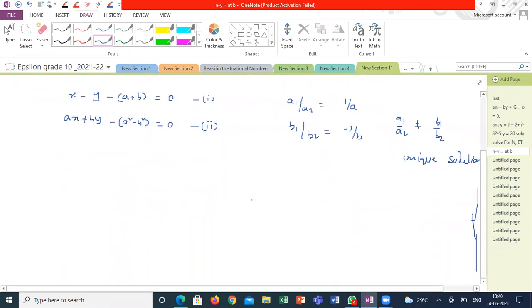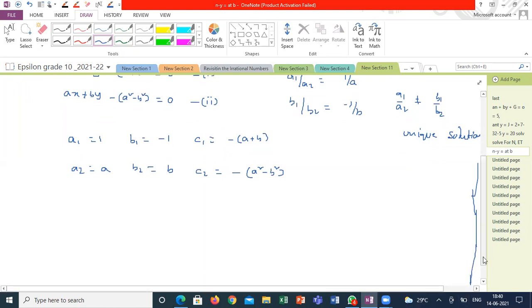Now compare your equations. So a1 is equal to 1, b1 is equal to minus 1, c1 is equal to minus of a plus b. a2 is equal to a, b2 is equal to b, c2 is equal to minus of a square minus b square. Now are you ready to do the cross multiplication method?